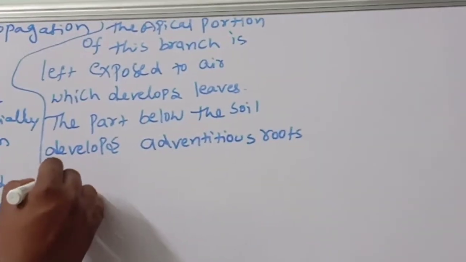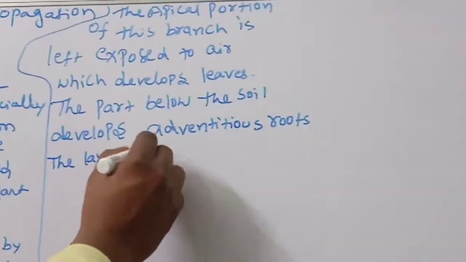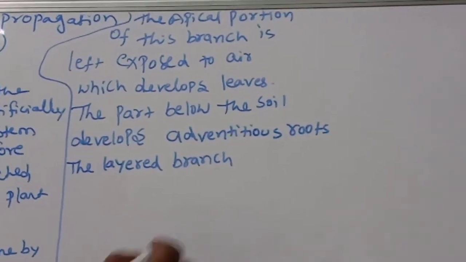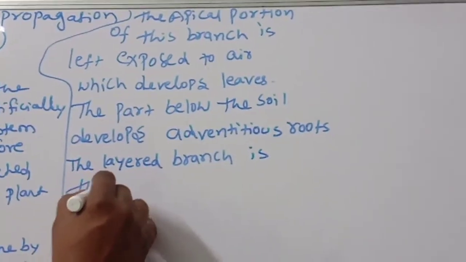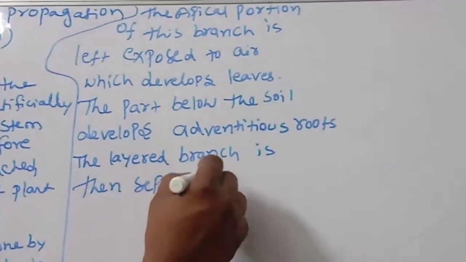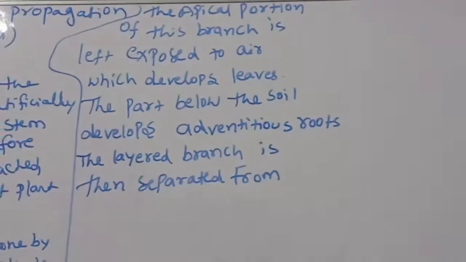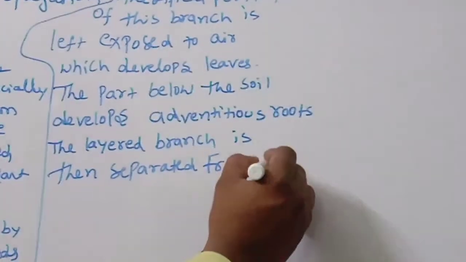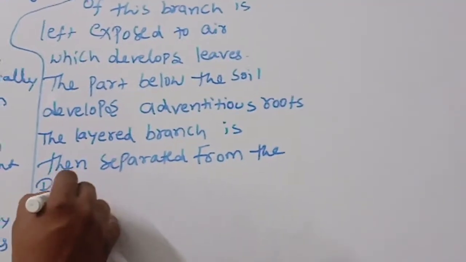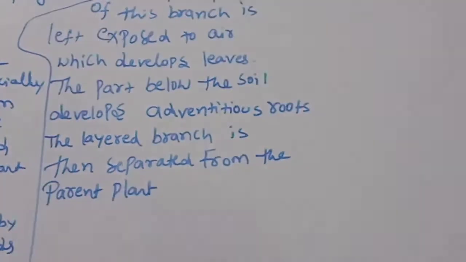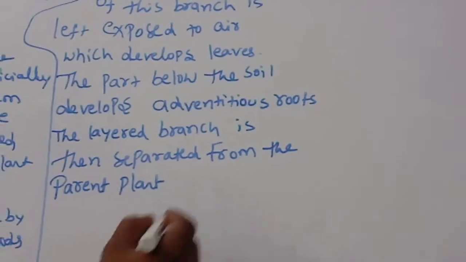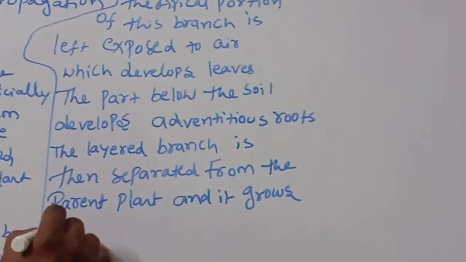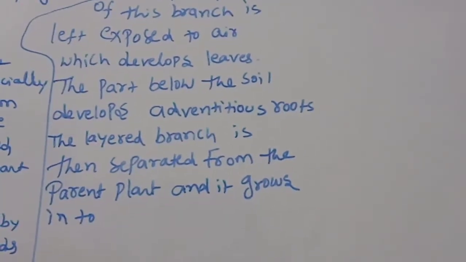The layered branch, this is important, is then separated from the parent plant, and it grows into an independent plant.